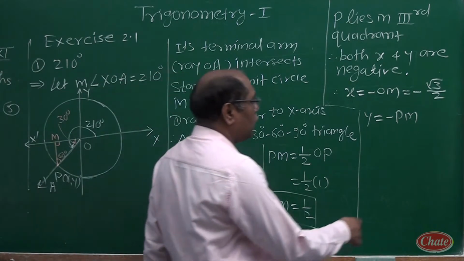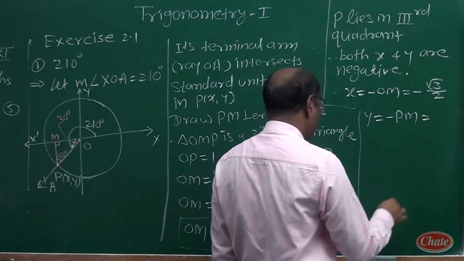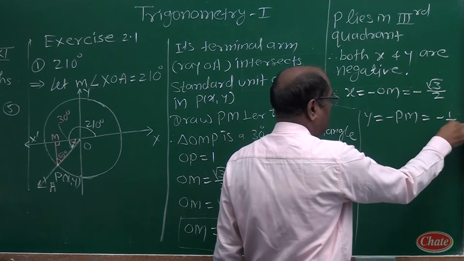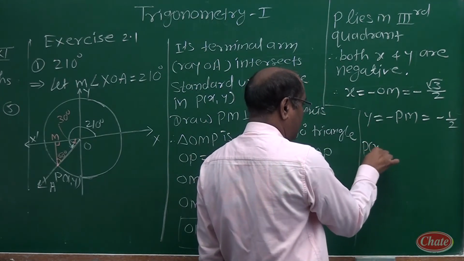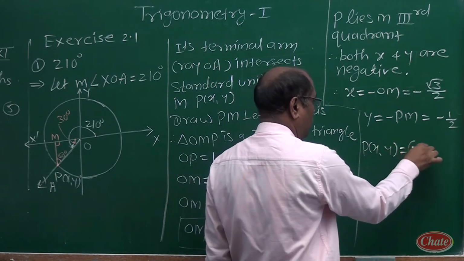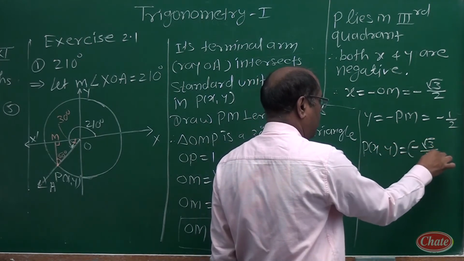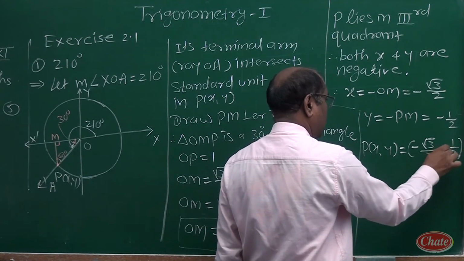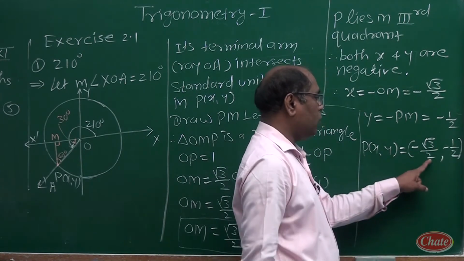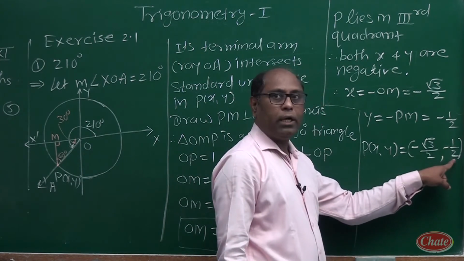What is the value of PM? 1 by 2. Okay, so therefore P(x, y) is equal to (minus root 3 by 2, minus 1 by 2).